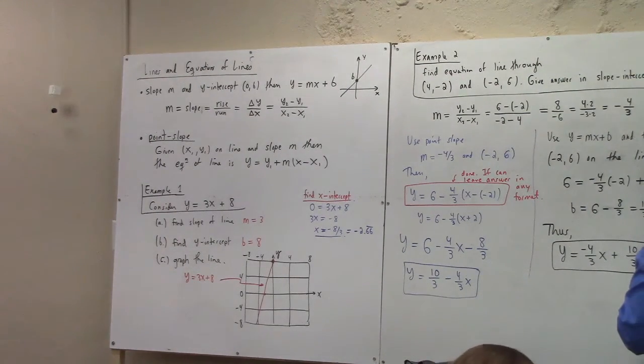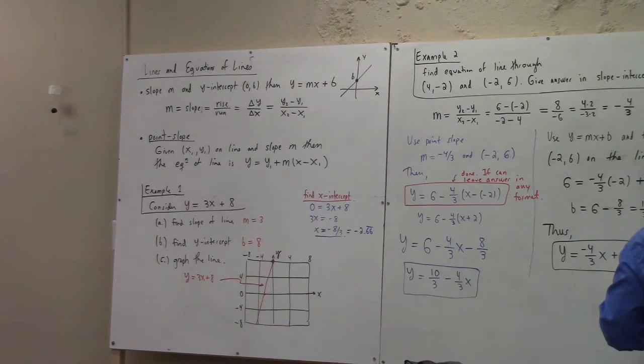So let y equals 3x plus 6. Find where the line intersects x equals 1 and y equals 4.